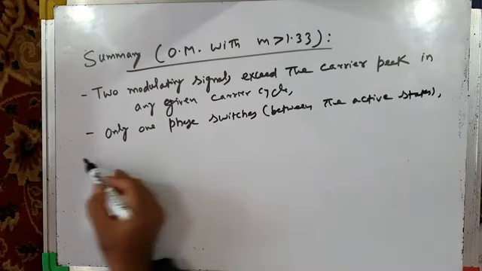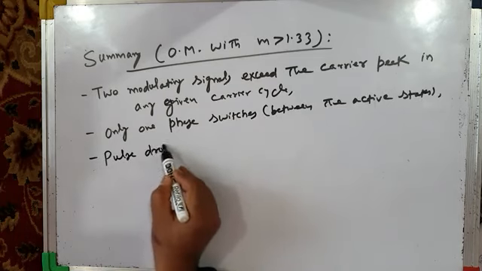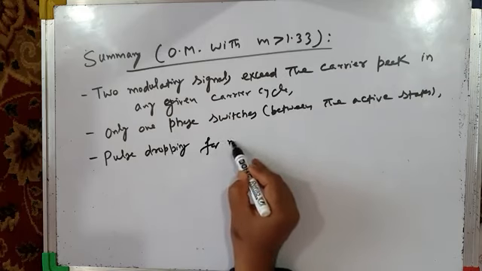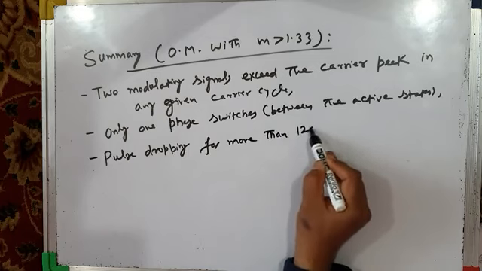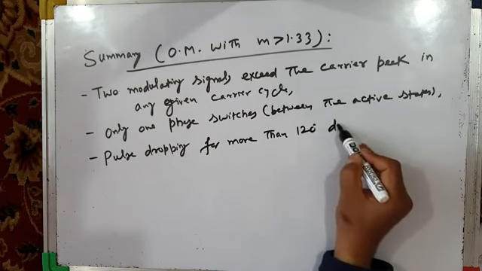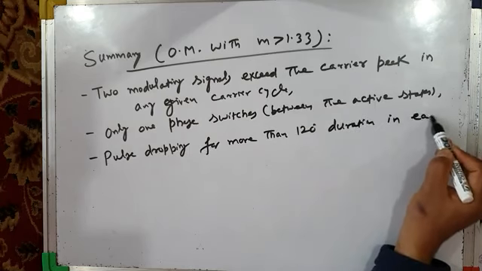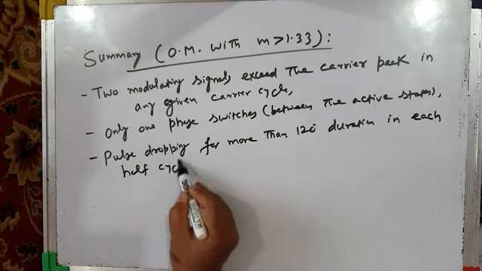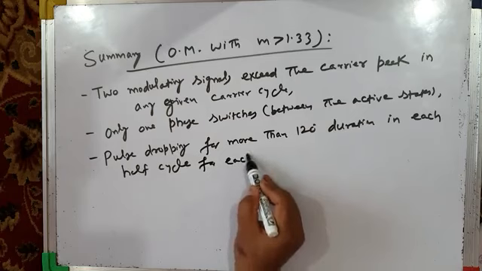Okay. Then third point is that pulse dropping for more than 120 degrees duration occurs in each half cycle for each phase.